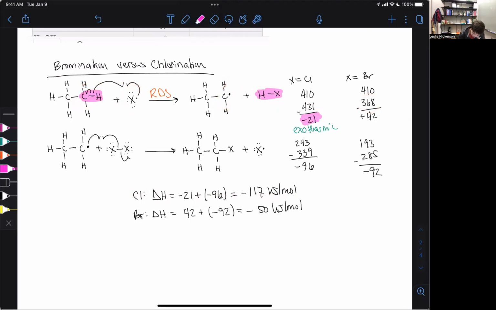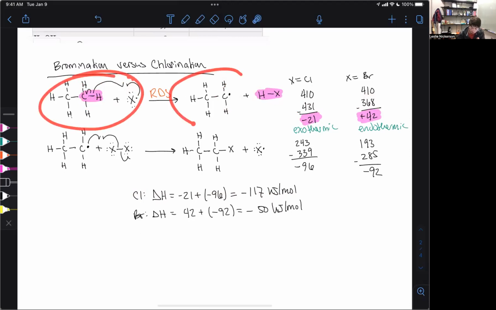So that gives us a delta H for that step of +42. That's an endothermic process, so energy has to be put into the system to go from this with bromine to that with bromine. But in the chlorine version, that step is exothermic because we're going down in energy.